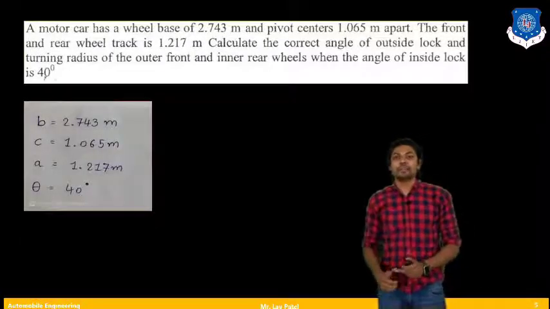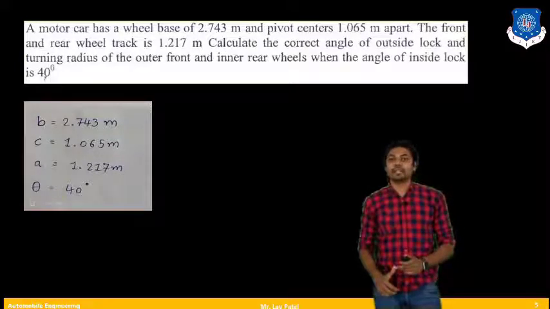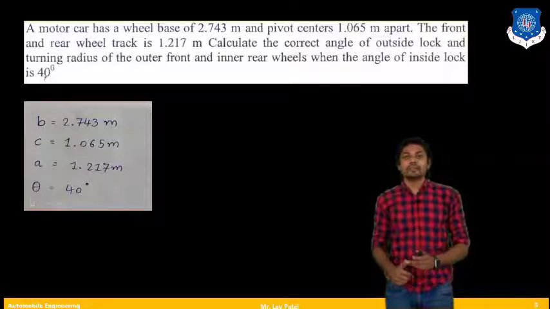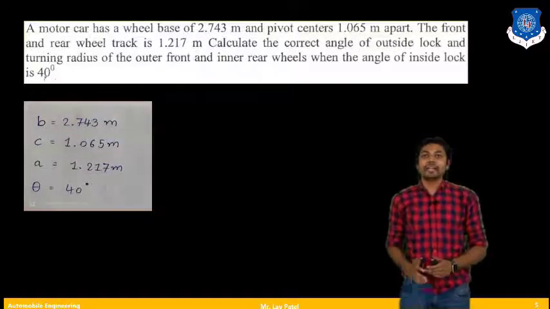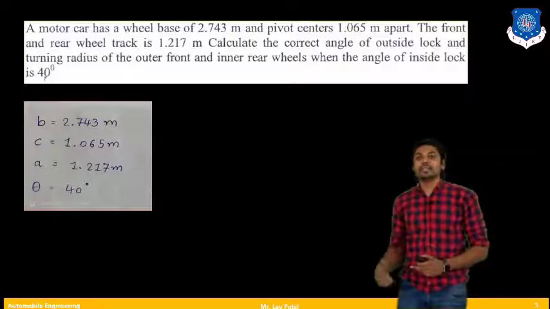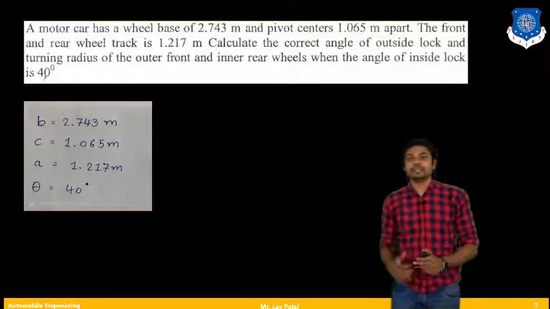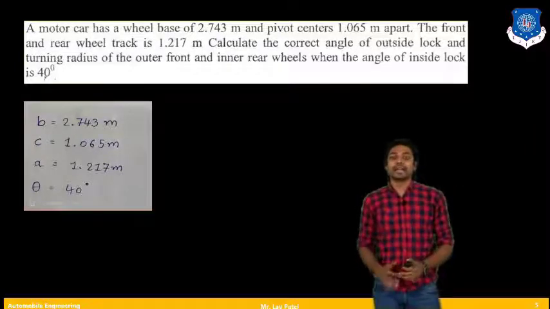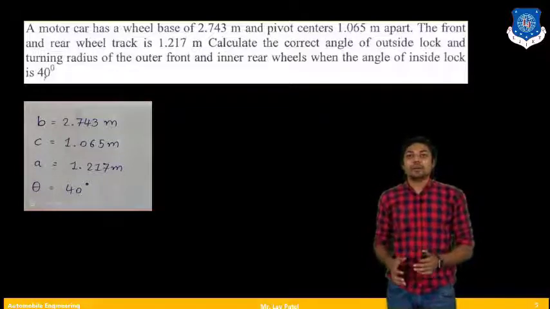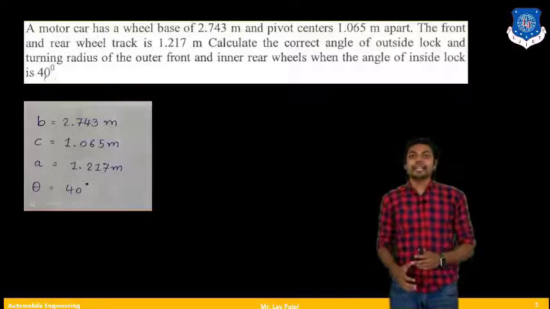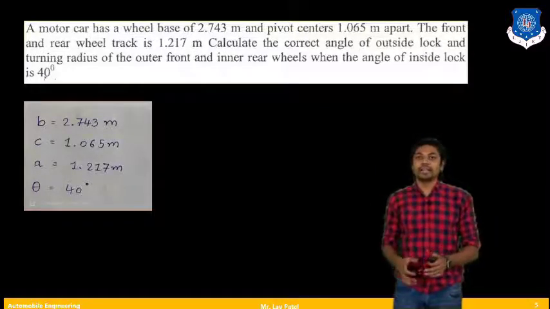So small b is 2.743 meters, c is 1.065 meters, that is my pivot distance, and the front and rear wheel track difference is 1.217 meters. Now I have to calculate the correct angle phi for the outside wheel, and the turning radius of the outer front and inner rear wheels.